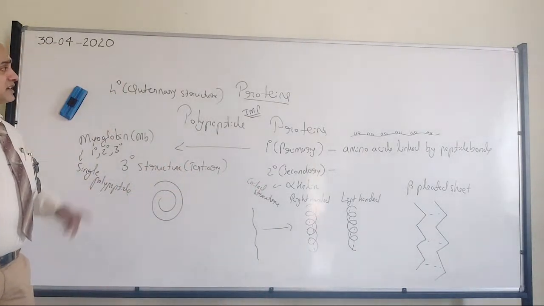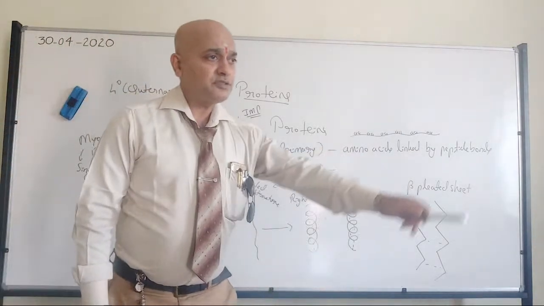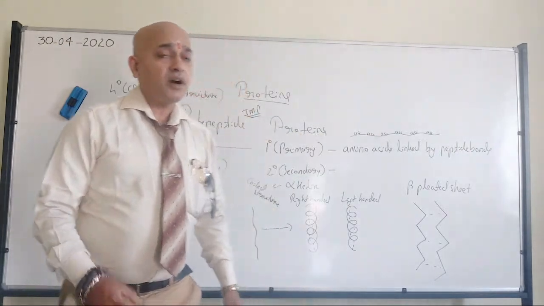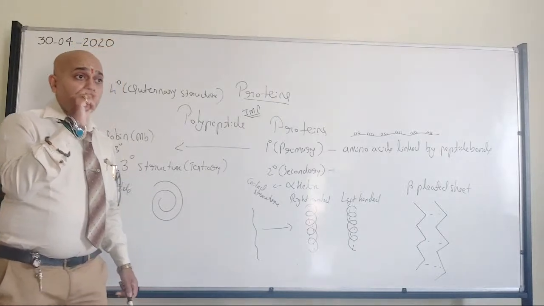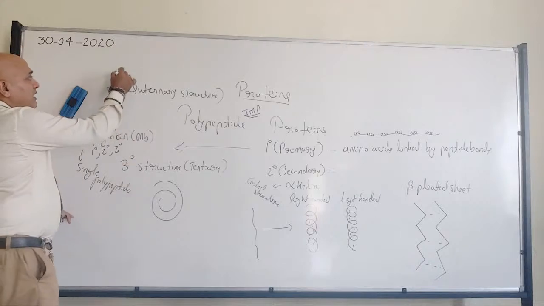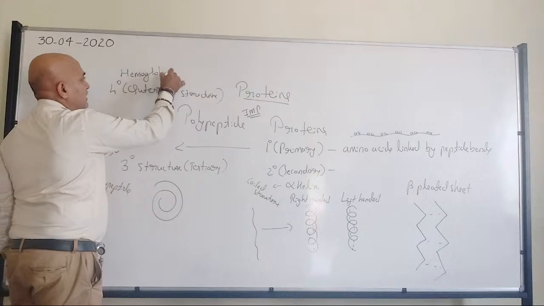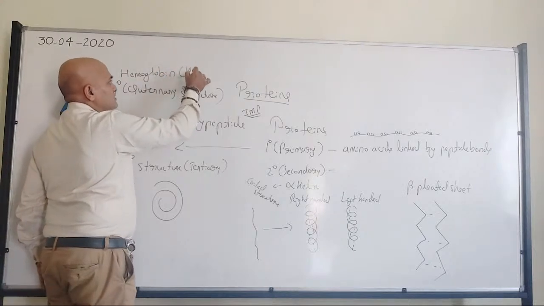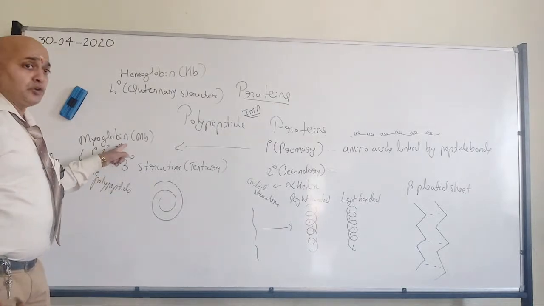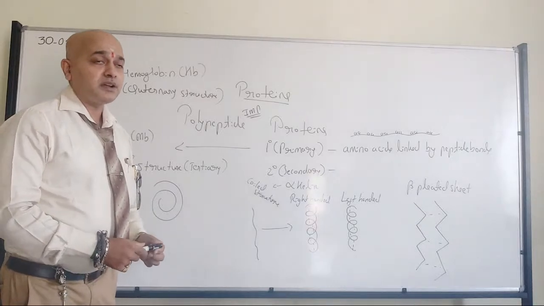Fine. But when it comes to quaternary structure, as Ravikant has written, he has used one term, subunits. Now that subunit stands for that individual polypeptide present in a protein. Say for example, if I take hemoglobin, all of us know it is an oxygen carrier protein present in the blood, right?